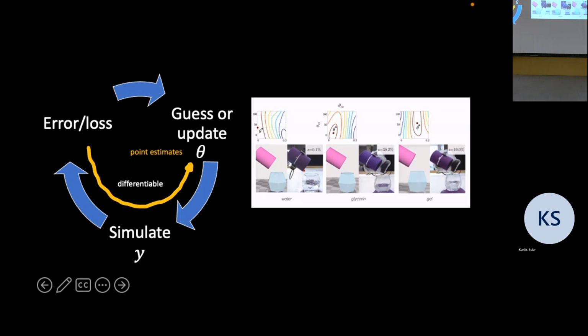Question. There's always the concern that if the models you use are very cheap and very inaccurate, they could miss things entirely, even if you learned a very good policy. Yeah, that is always true. In this case, what we measured was how much liquid you spill, and for that task, it did well.